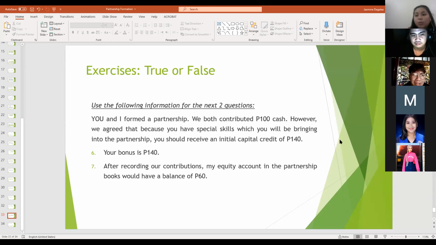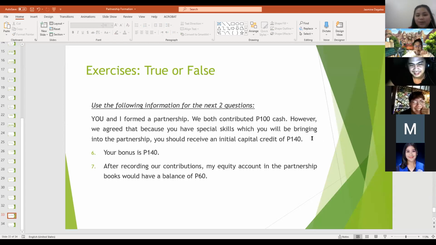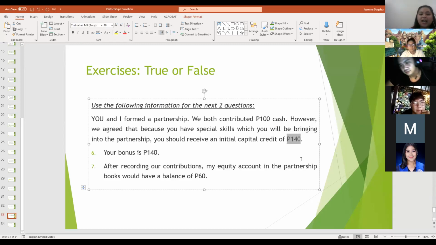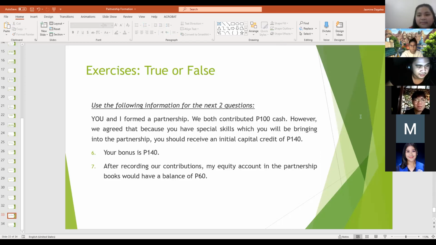Kasi binigyan ng 40 si you. May special skills daw si you. 140 yung capital credit niya. So, may bonus kang binigay na 40 kay you. So, yung credit sa capital account mo is only 60. Nagigets nyo ba? Yan. Check na check.